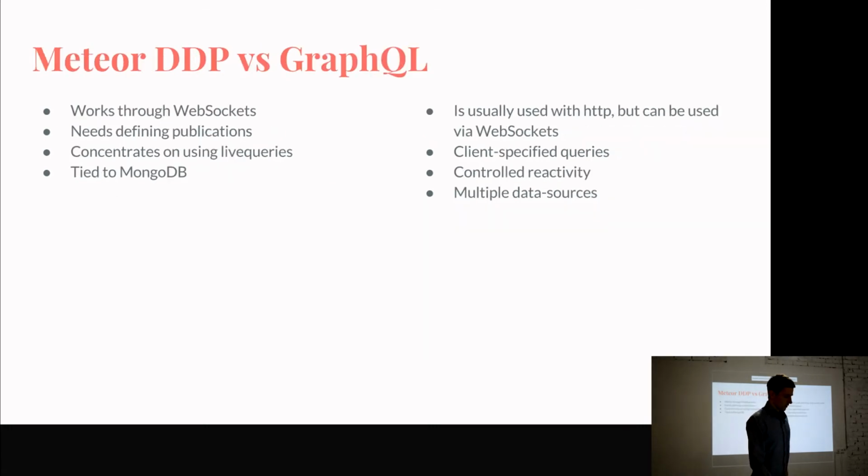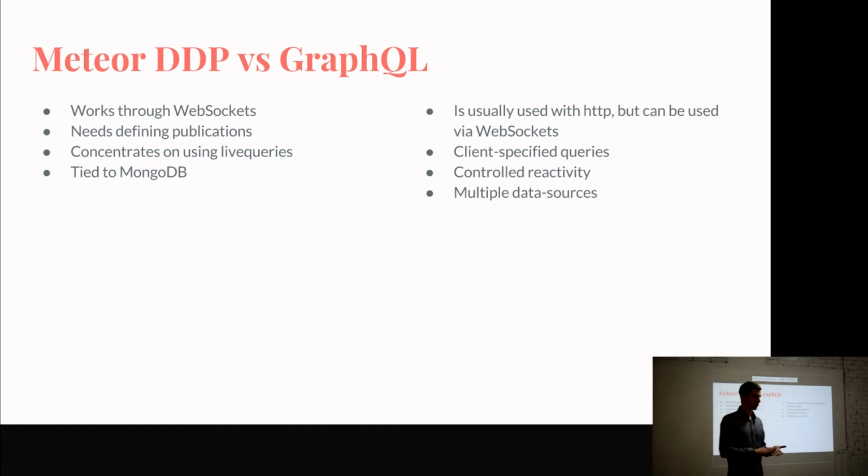The other thing is the comparison of DDP with GraphQL. DDP is used in Meteor, and it usually works through WebSockets. What are WebSockets? It's a full duplex connection, which allows the server to say something to the client. On the other side, GraphQL usually works via HTTP, but you can also run it through WebSockets, as I'll show you later. DDP needs the user to define publications, what data to publish, and then on the client side you subscribe to them.